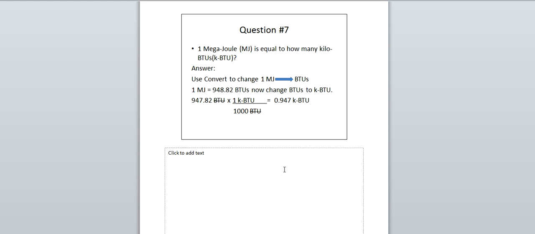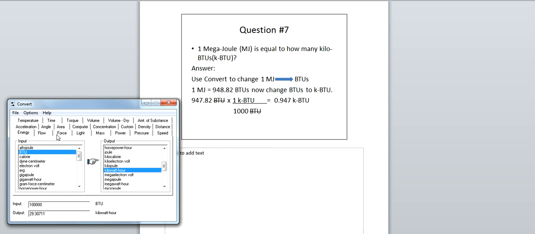question is 1 megajoule is equal to how many kilo BTUs? The answer, you would use convert to change 1 megajoule. Let's bring up convert. 1 megajoule is equal to how many kilo BTUs?